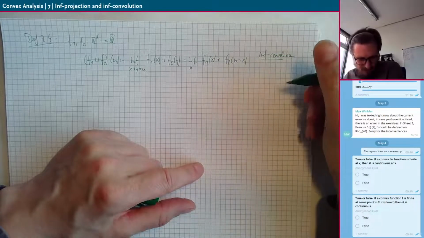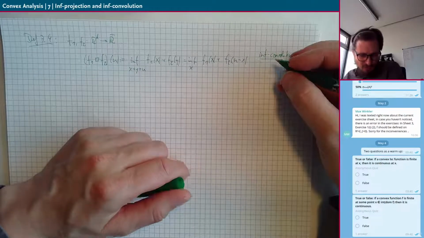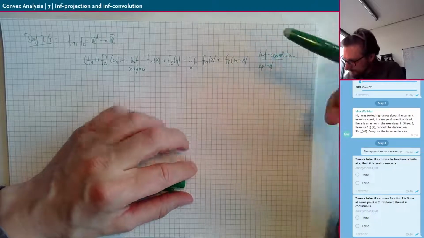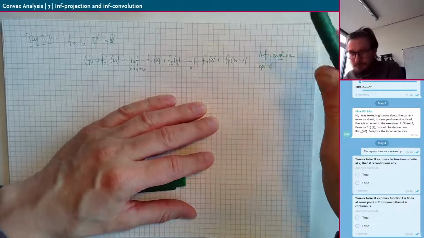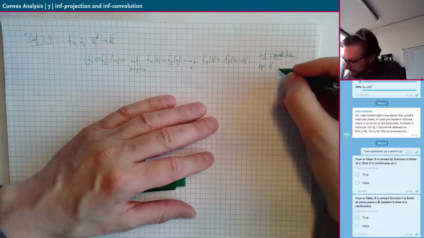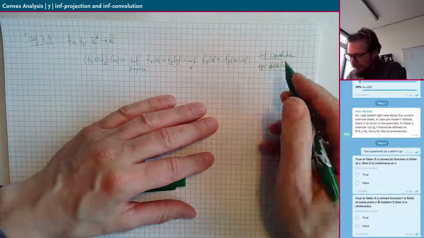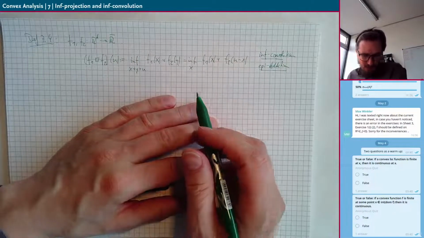Other names are infimal convolution or epi-addition. And I'm going to use the term inf-convolution.